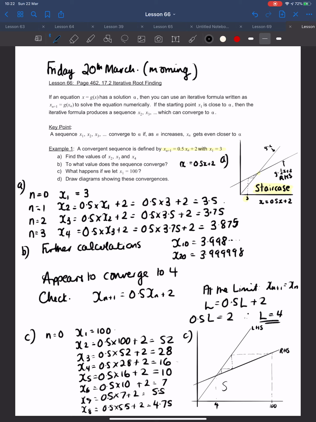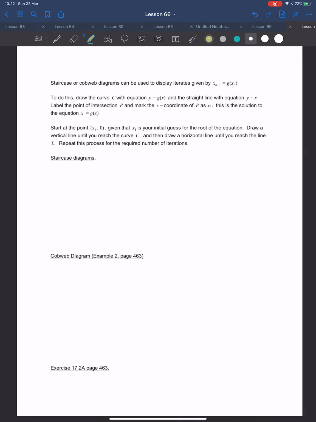So that one is also a staircase diagram. There's 2 types of diagrams that you can have. You can have staircases and you can have cobwebs. Proper official maths words in level 3, and hopefully there'll be a cobweb one on the next page.